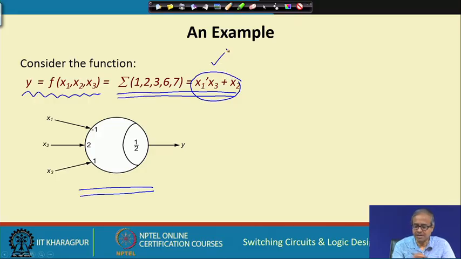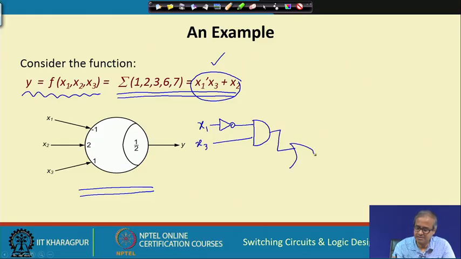Now, look at one thing: if you wanted to implement this function using conventional gates, then you would require an AND gate, with x1 you would require a NOT gate, x1 bar x3, and this will go to an OR gate. You would be connecting x2 here.